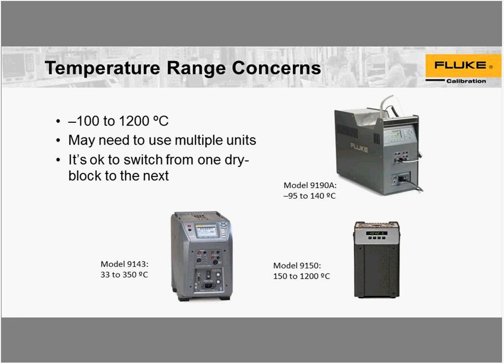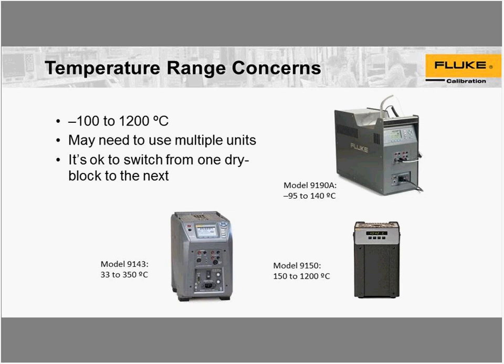So most products have a variety of ranges. Typically, you'll get a series of cold wells, a moderate well, and then your very hot wells. And it's okay in a process if you have to switch from one well to the next. You would just have to reevaluate the uncertainties of each well, and then consider that with either your reference or the display accuracy.